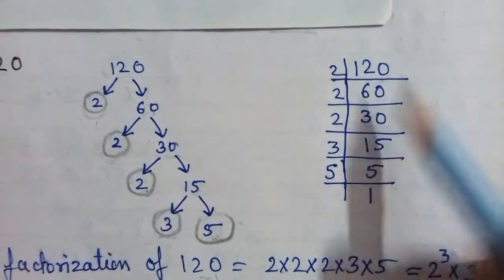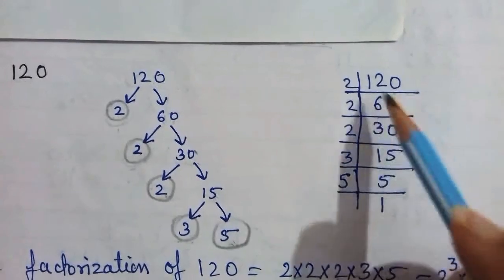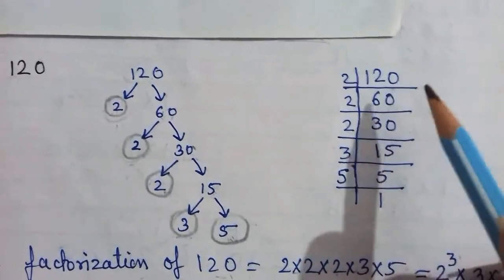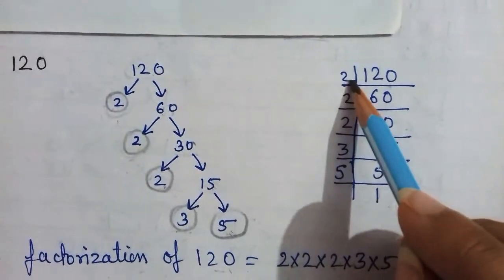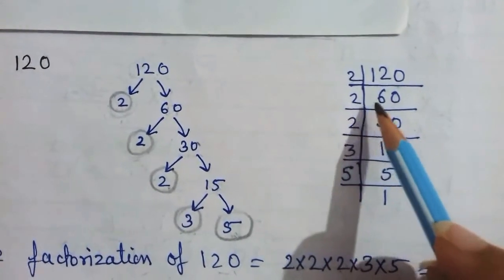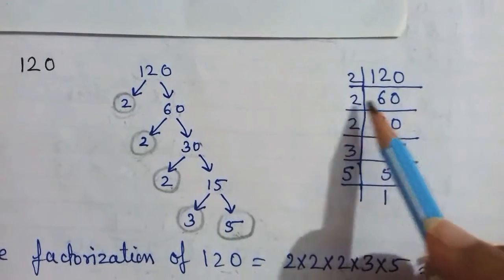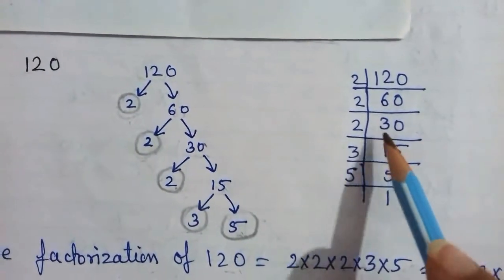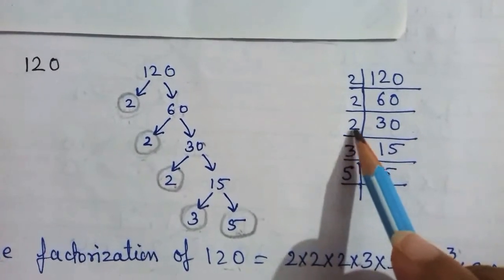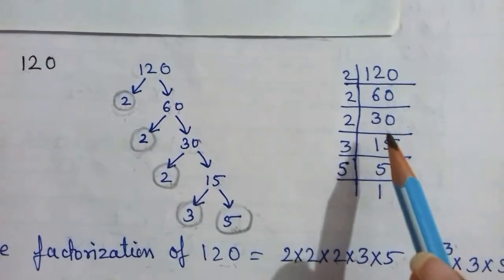By the dividing method, first divide 120 by the smallest prime number. Okay. So 2 60s are 120. Again 60 is also divisible by 2. So 2 30s are 60. 30 is divisible by 2. Next 2 15s are 30.